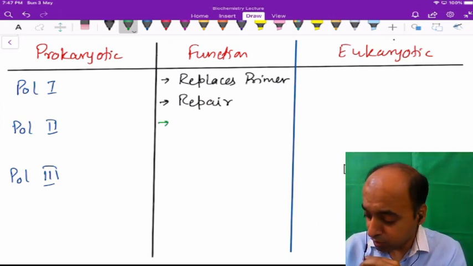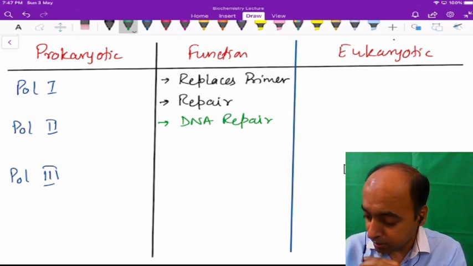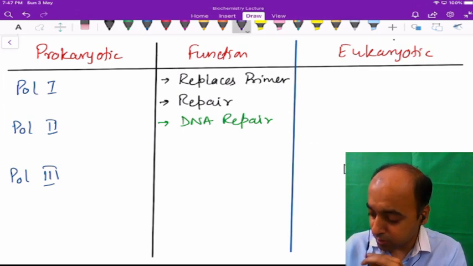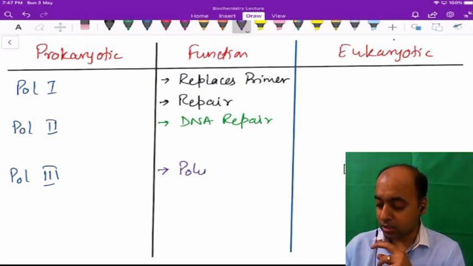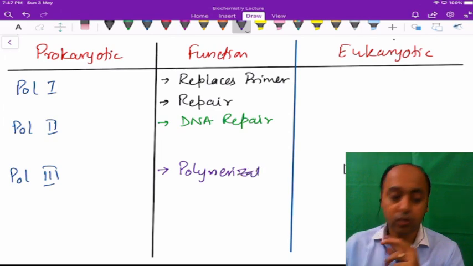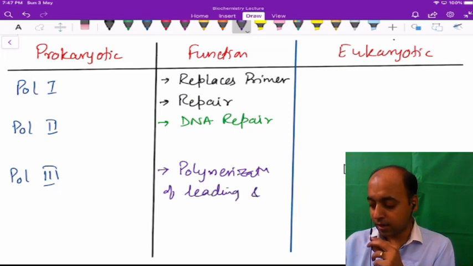Polymerase 2 only has a role in DNA repair, whereas polymerase 3 is primarily responsible for the polymerization of leading and lagging strands.